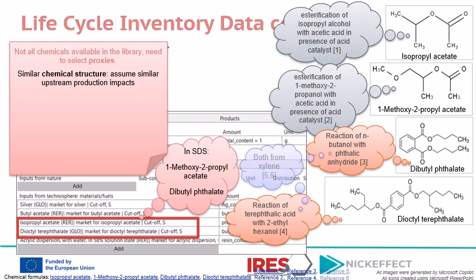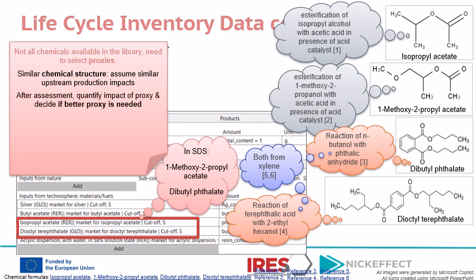And if we actually look a bit more upstream, even though the phthalic anhydride and the terephthalic acid are not the same compound, both have the same resource upstream, so both are produced from xylene. So again, not ideal, but not that far off in terms of proxies to simulate the upstream production process.